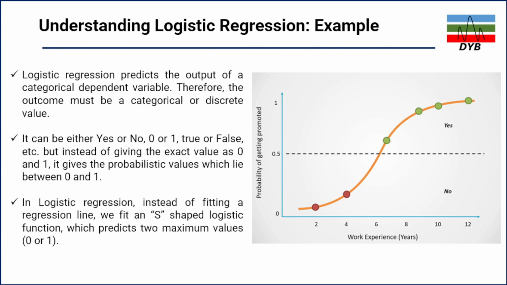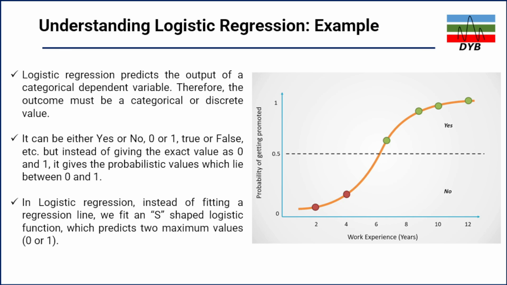Let's understand logistic regression more with an example. In the example shown on the right side of this slide, logistic regression predicts the output of a categorical dependent variable. Therefore, the outcome must be a categorical or discrete value. It can be yes or no, 0 or 1, true or false, etc. But instead of giving the exact value of 0 or 1, it gives probability values which lie between 0 and 1.